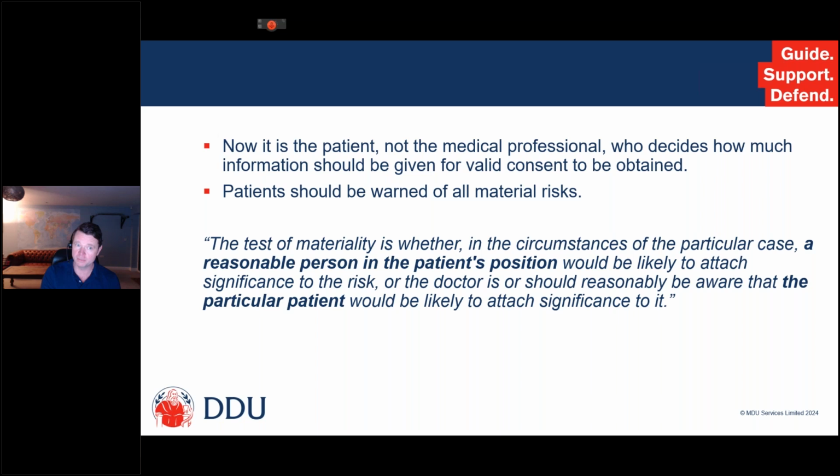Following this judgment in the Supreme Court, it's now the patient, not the medical professional, who decides how much information should be given for valid consent to be obtained. A patient should be warned of all material risks. And what does that mean? The test for materiality is whether, in the circumstances, a reasonable person in the patient's position would likely attach significance to the risk, or the doctor is or should reasonably be aware that that particular patient would be likely to attach significance to it.